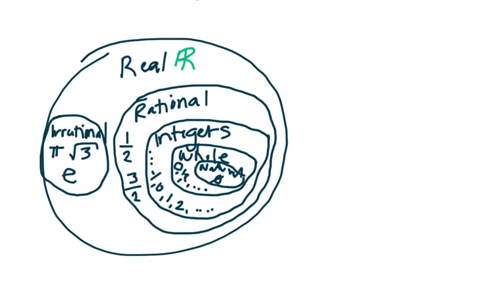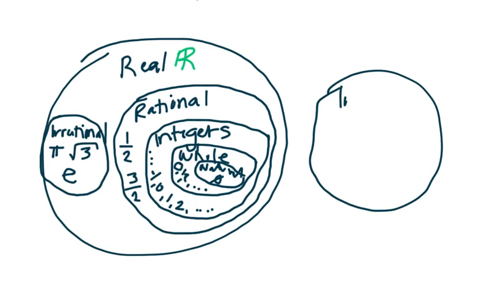Okay? Now outside of this, we have imaginary numbers. It's a complete set of numbers that does include all rationals and irrationals, but the new thing is that you have an i involved. And i actually equals the square root of -1. When you use the value i, it can allow you to take the square root of a negative number.